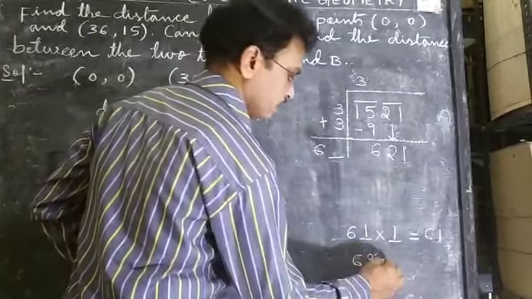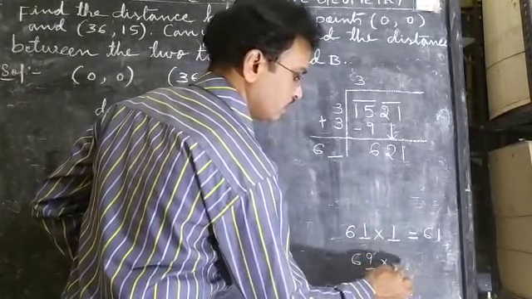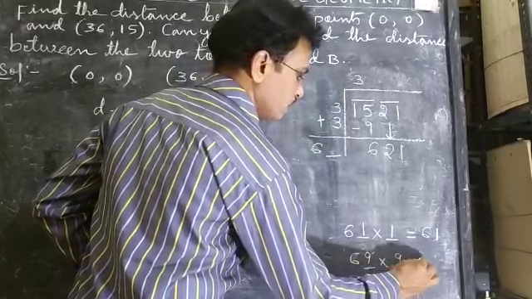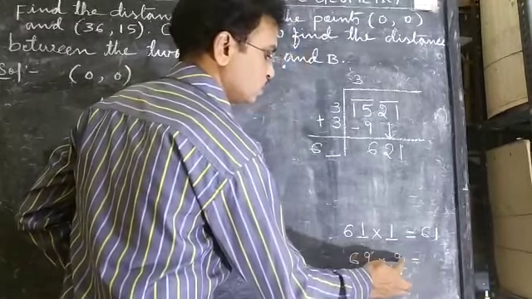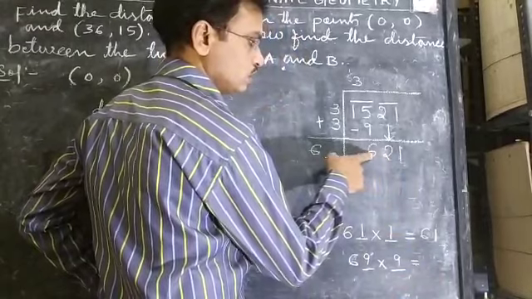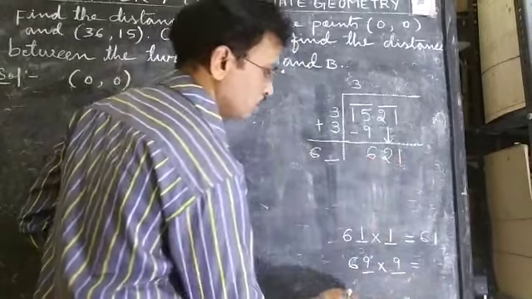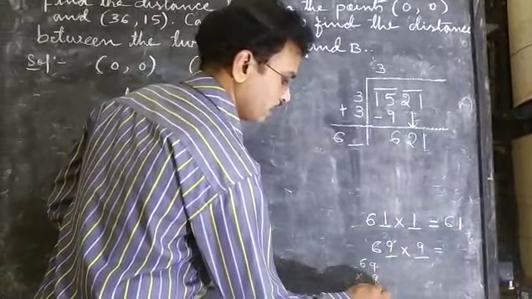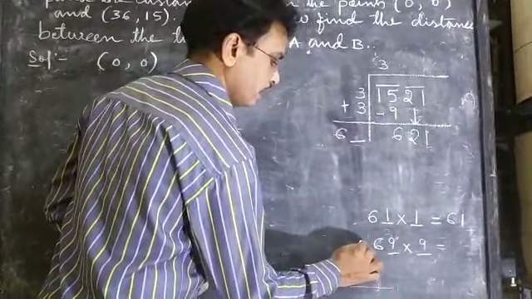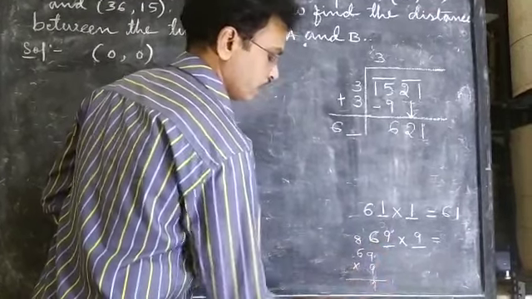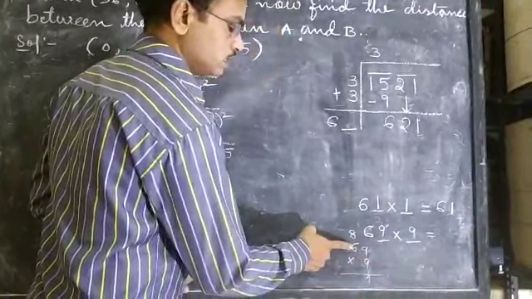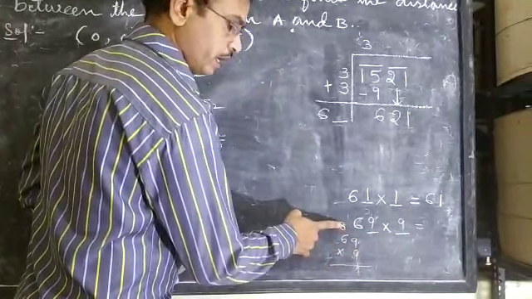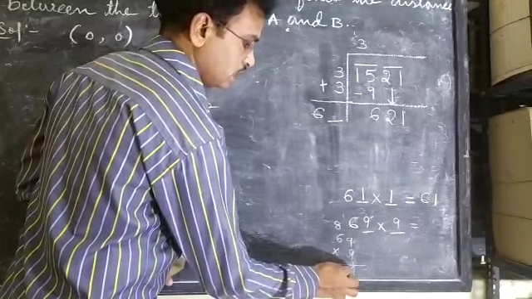We'll see, 9 into what? We should take 9 here, because here 9 is there, here also 9. Then multiply 69 into 9, which is equal to 621. 9 nines are 81. Now 9 6s are 54. 54 plus 8, that is 62.